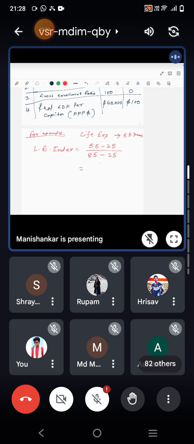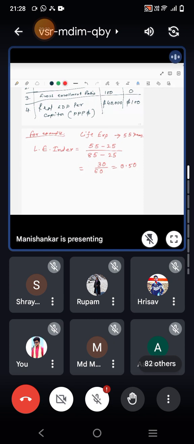So 30 over 60, that is 0.50. So this index basically indicates how much of the maximum possible success has been achieved in this variable for the relevant country.